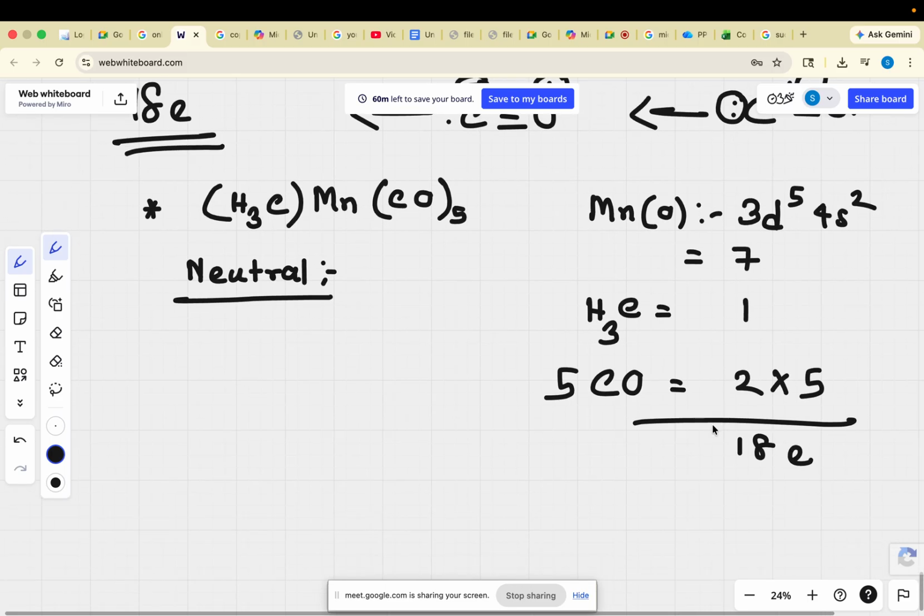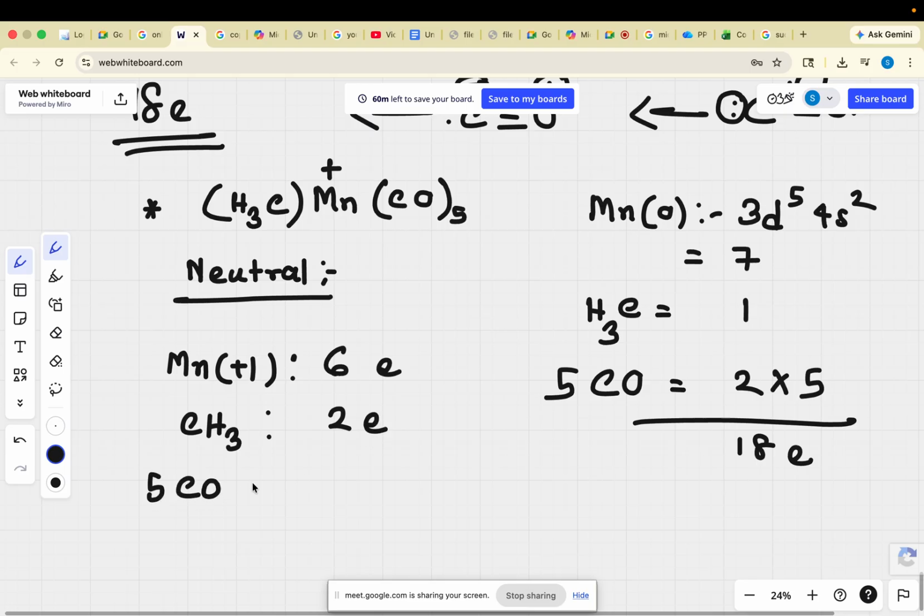Clear? Yes, sir. You can do the ionic method also. In the ionic method it will do heterolytic cleavage and manganese will become plus 1 oxidation state. So manganese plus 1, you will get 6 electrons from here. CH3 will get a negative charge, so it will donate 2 electrons.